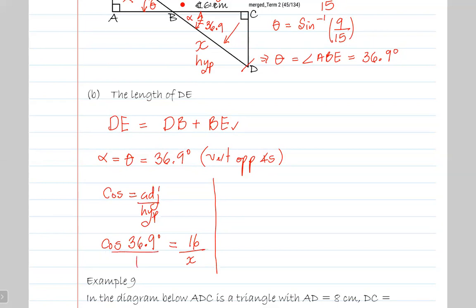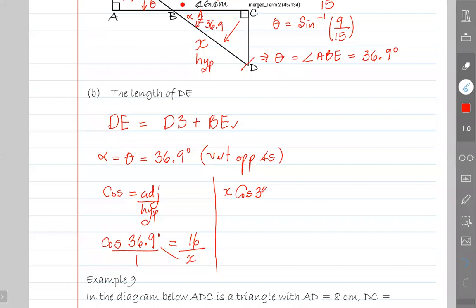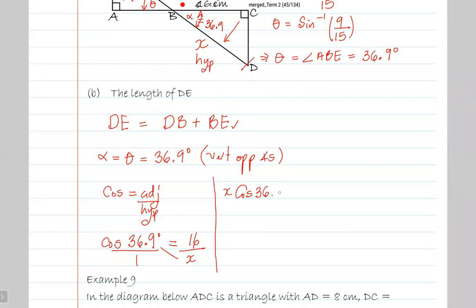If I have one fraction equal to one fraction, I would cross multiply. So this is x times the cosine of 36.9 degrees is equal to 1 times 16, which is 16. Then I'm going to divide both sides by the cosine of 36.9 degrees, so that I'll be left with only x on the left-hand side.